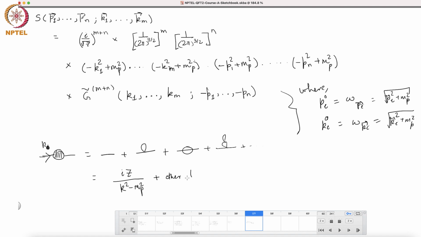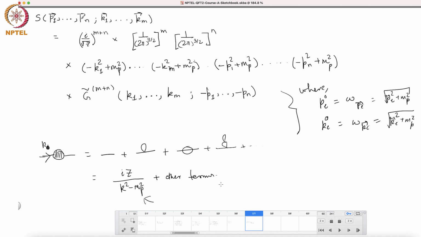That doesn't bother us right now. The thing is that if k square is very close to the physical mass squared, meaning the momentum is close to being on shell, then the claim is that the leading behavior of this 2-point function is given by this term.